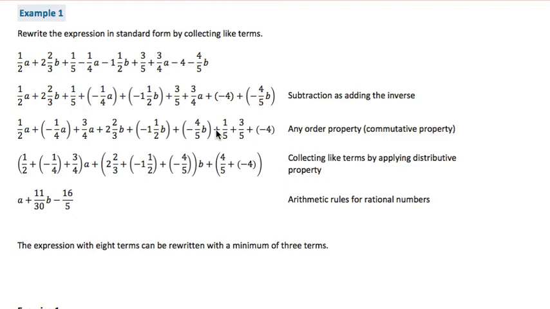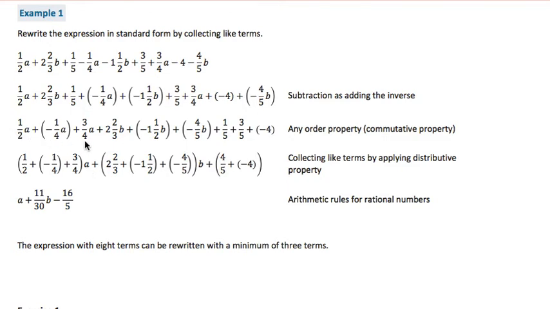And finally, we will add together all of the constants, the numbers that don't have a variable. 1/5 plus 3/5 plus negative 4. And again, we will group them together using the associative property. Now, if you look at our next step, you're going to notice that we factored out the a.